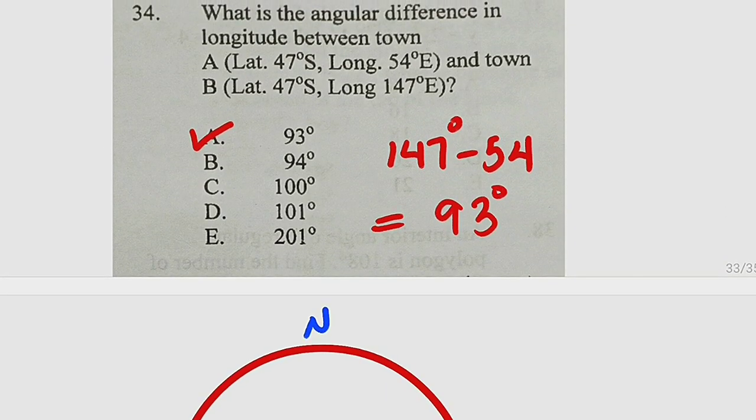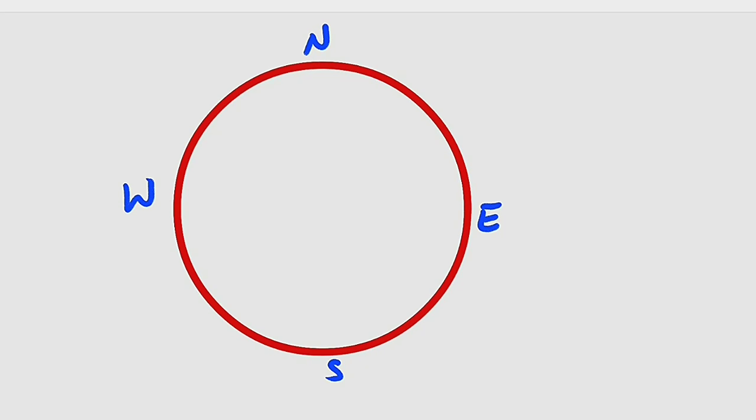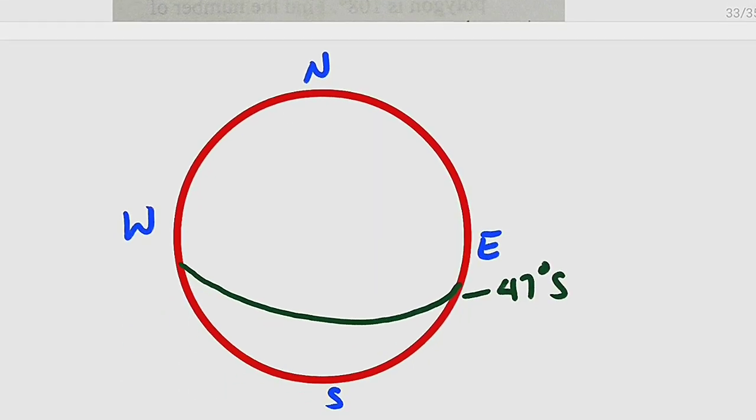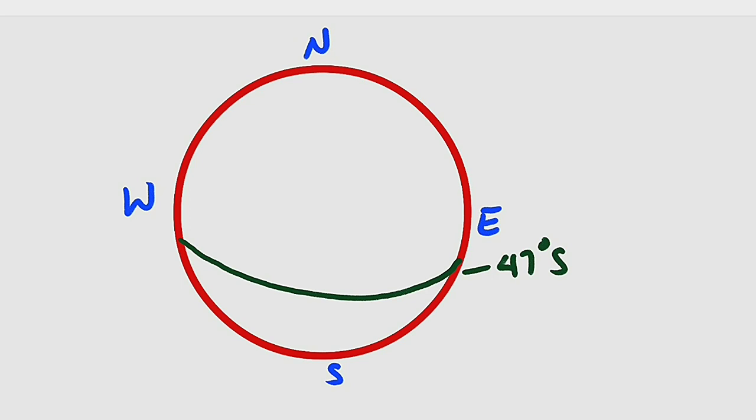All right, the first town is on the latitude 47 degrees south. So along the south, we have something like this, roughly. This is 47 degrees south, and its longitude is what? 54 east. So let's assume this is 54 degrees east. So the points of intersection is this.